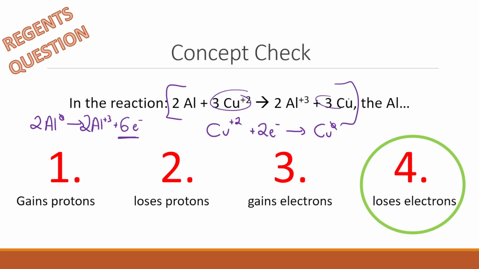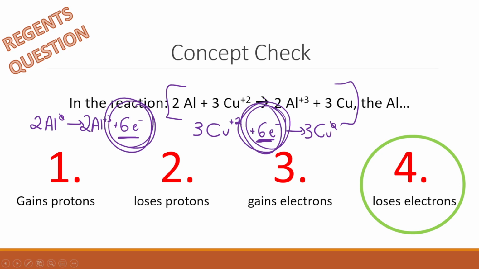That's what this is telling us here. But 2 is not equal to 6. I need 3 copper 2s to each take 2 electrons in order for this to be balanced. 6 electrons lost, 6 electrons gained.